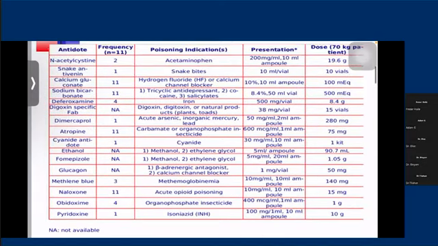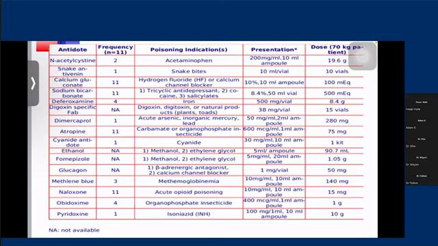So these are the few poisonous agents which have an antidote. The common ones we need to know: for organophosphates it is atropine, and for carbamates we can also use atropine. For anti-TB, specifically isoniazid, pyridoxine is the antidote. For TCAs like amitriptyline, sodium bicarbonate is one of the most important management agents.